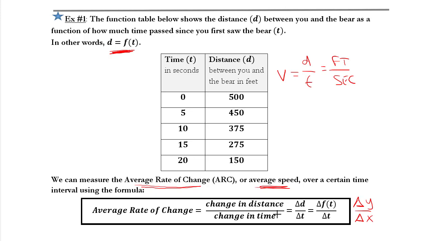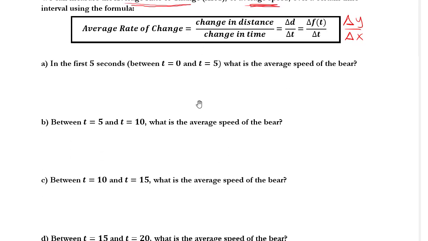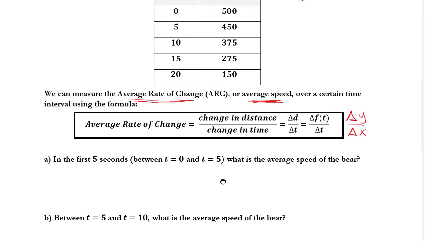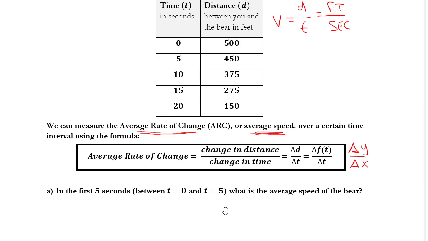So let's use this formula to calculate the average rate of change over some intervals. In the first 5 seconds, between time equals 0 and time equals 5, what is the average speed of the bear? I'm going to keep our table in front of us so we can see where we get this information.